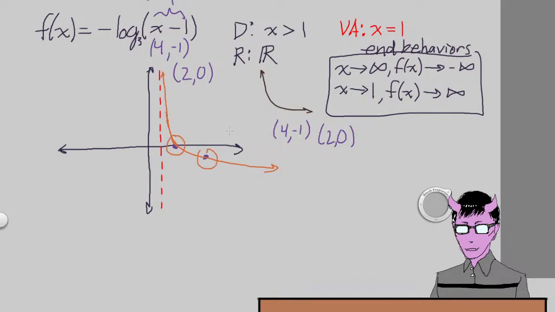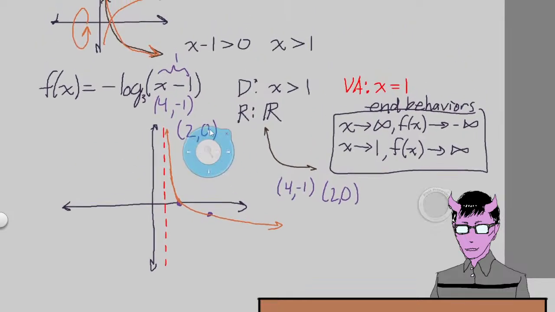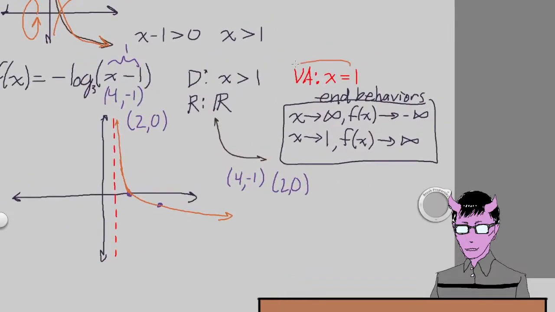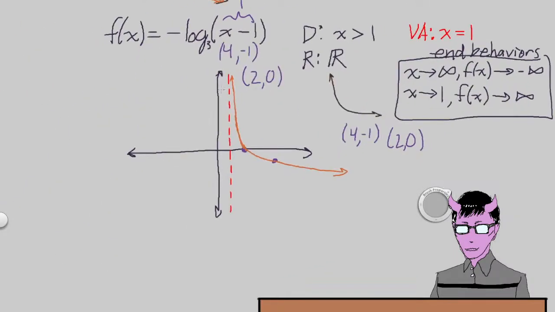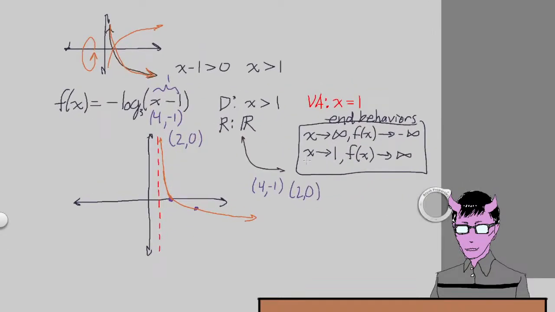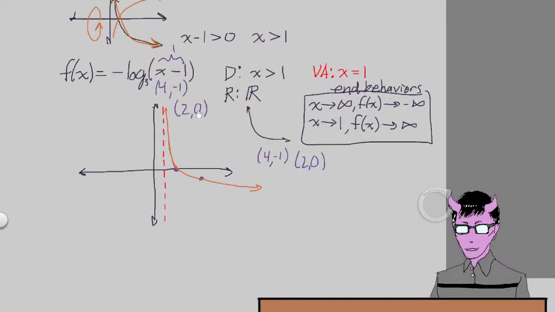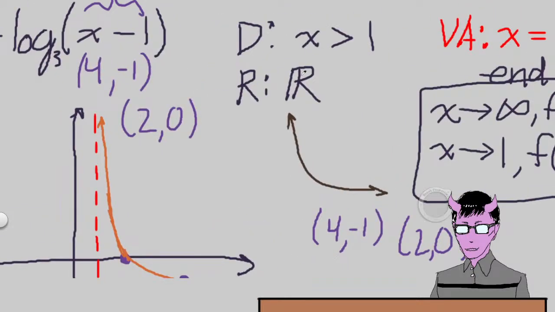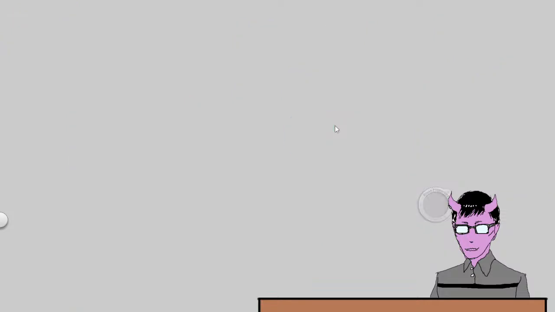Your teacher may require more than 2. I don't know. Depends on teacher. And we have the wall at positive 1. So that means we're good to go, and that takes care of this particular problem. And then we'll move on to another situation.